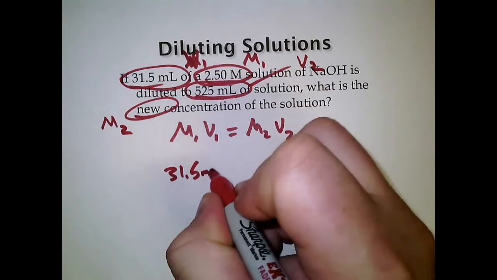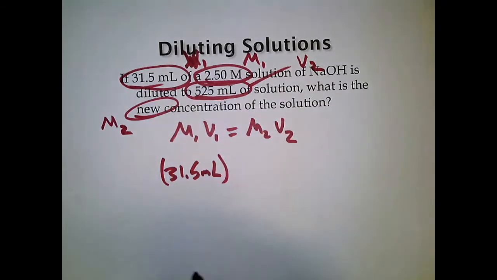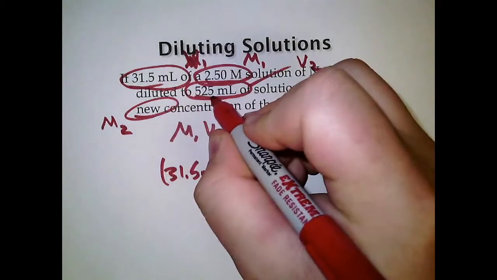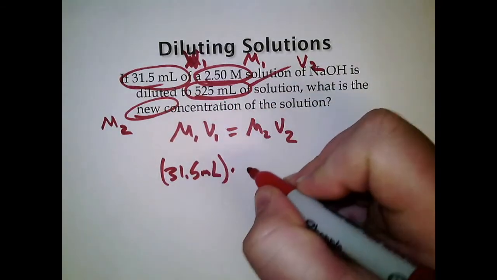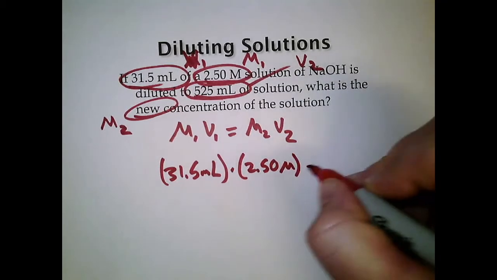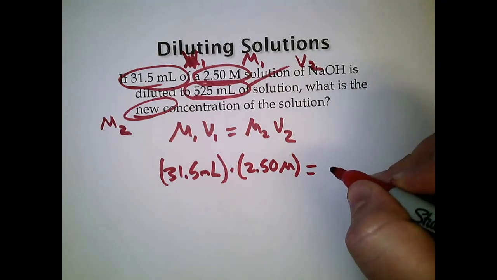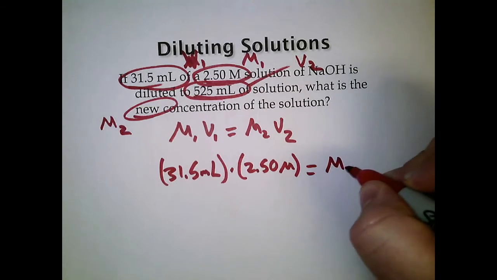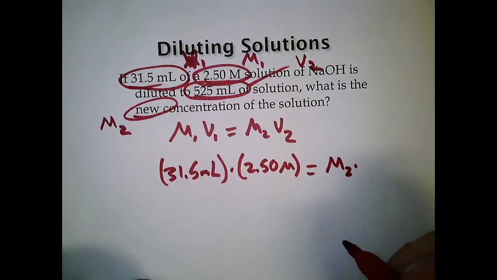31.5 milliliters here. Again, I don't have to change that into liters because I've actually got milliliters on both sides, so they're just going to cancel. Times the starting concentration is 2.5 molarity is equal to the new concentration. I don't know that, so I'm just going to leave that as M2.